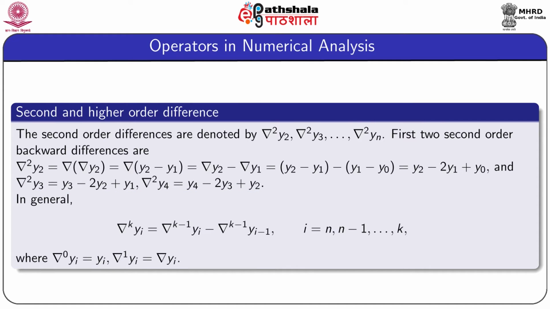In general, nabla^k y_i equals nabla^(k-1) y_i minus nabla^(k-1) y_(i-1), and this is true for i equal to n down to k. In particular, nabla^0 y_i equals y_i, because nabla^0 is the identity operator, and nabla^1 y_i equals nabla y_i.